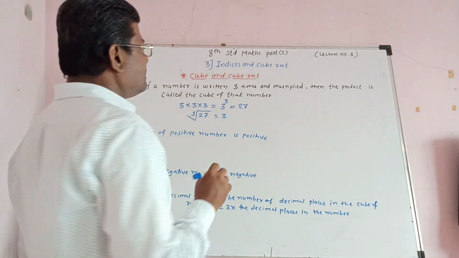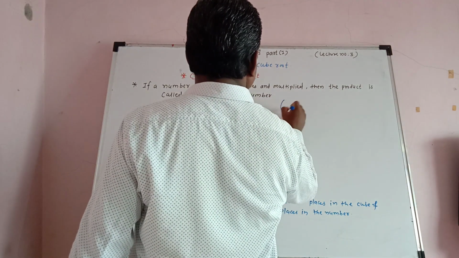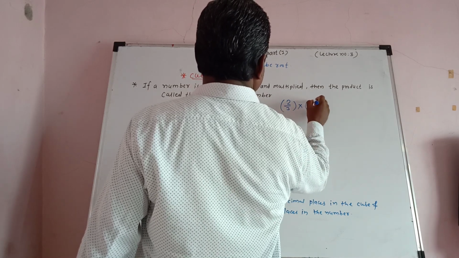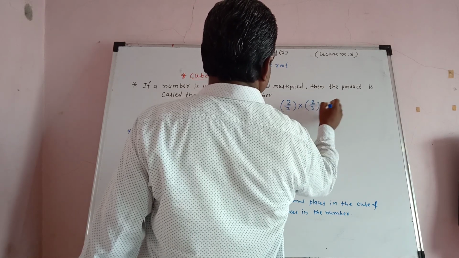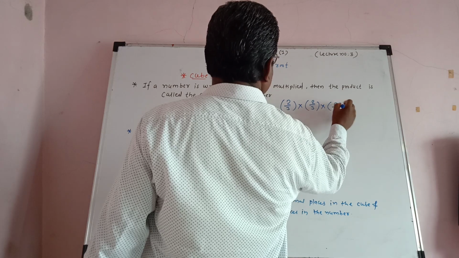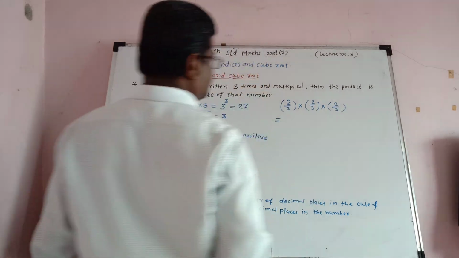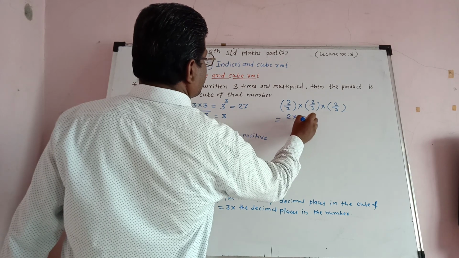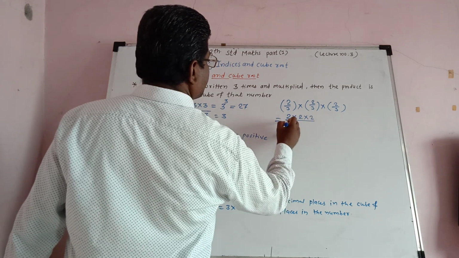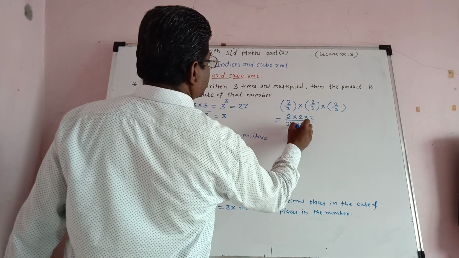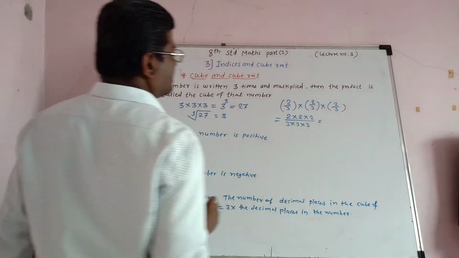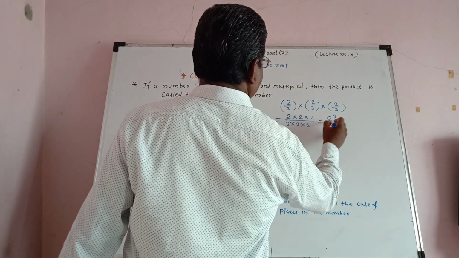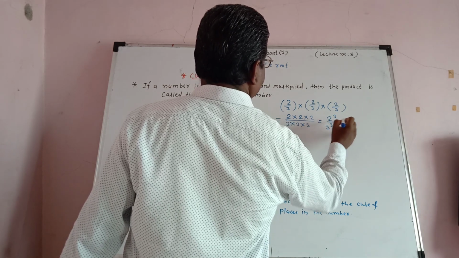Take one more example. 2 upon 3 into 2 upon 3 into 2 upon 3 is equal to 2 into 2 into 2 divided by 3 into 3 into 3. It will be 2 raised to 3 upon 3 raised to 3.